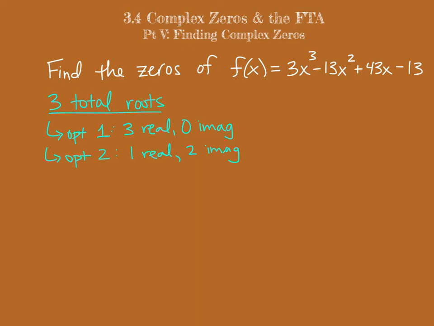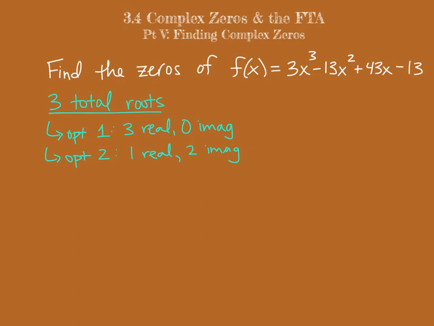That means that this function has to have one real root, so in order to find that one real root, we are going to be using the rational zeros theorem with the p over q to find it. We do not have to do a ton of tests.